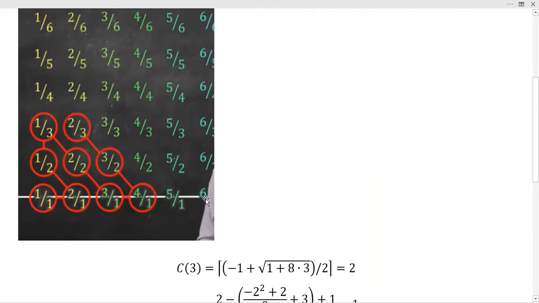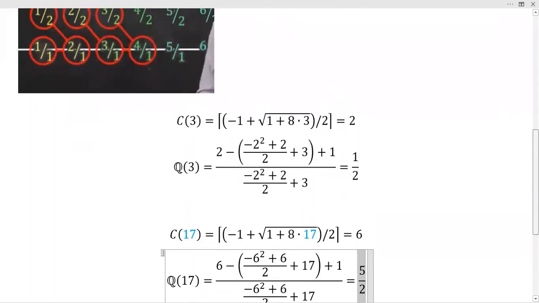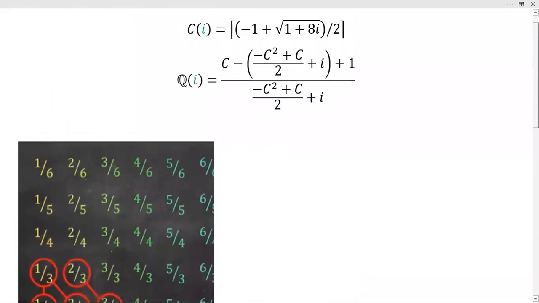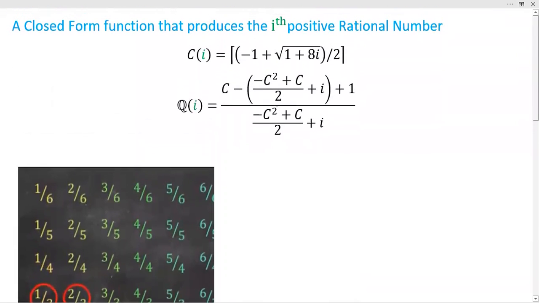So this would be 16, 17, folks, right there. 17, 5 over 2, and that's what we got. So hopefully you have confidence in this calculation. It's really cool. The proof isn't that bad. A number of people on the web have wanted to see this, an injective function and all of this, but this gives you a function that goes by the index of the location in that grid.